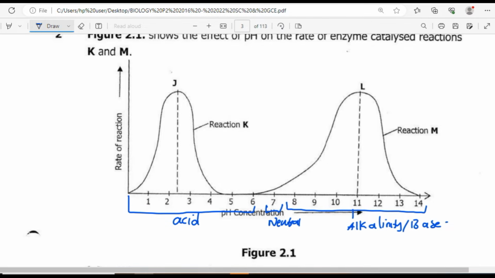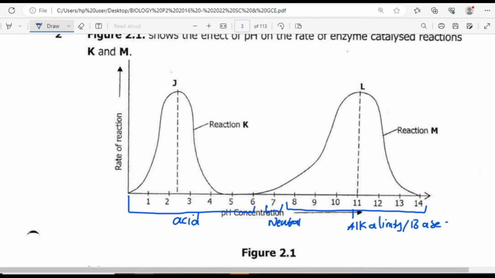So if you look at the alimentary canal that starts from the mouth up to the anus, you also have to look at which regions have the alkaline medium and the acidic medium. Do we have the neutral medium if possible? That will help you to answer questions.